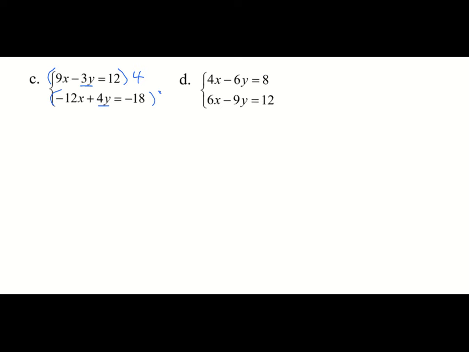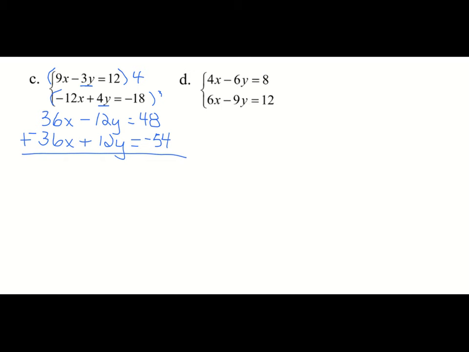So that will give me on the top, 36x minus 12y equals 48. And then on the bottom, I will get negative 36x plus 12y equals negative 54. So now when I go to add this one, look at this, it's unique. Notice my 36x's cancel because positive 36 and negative 36 equal 0.